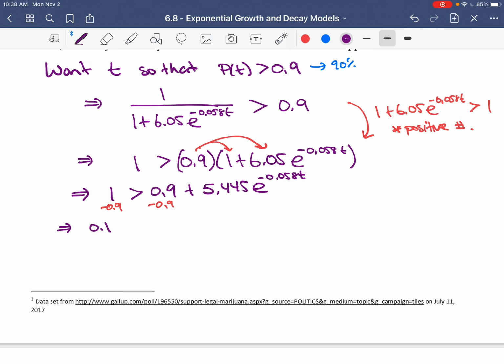So I have 0.1 on this side is bigger than 5.445 e to the negative 0.058 t. Divide both sides by 5.445, which is again positive. And I don't want to round, so I'm just going to leave it.